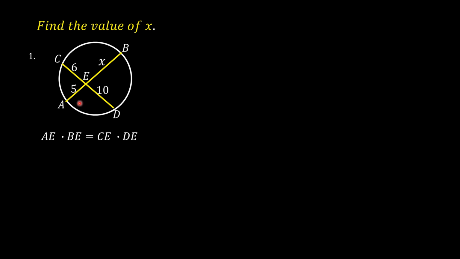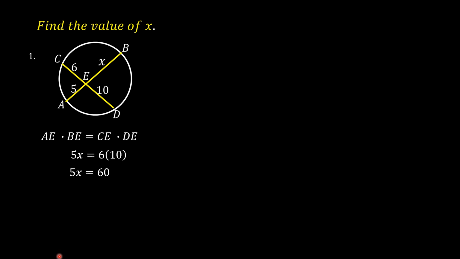AE times BE is equal to CE times DE. So 5 times x is equal to 6 times 10. Let's write that: 5x is equal to 6 times 10. So this is now equal to 5x is equal to 60.